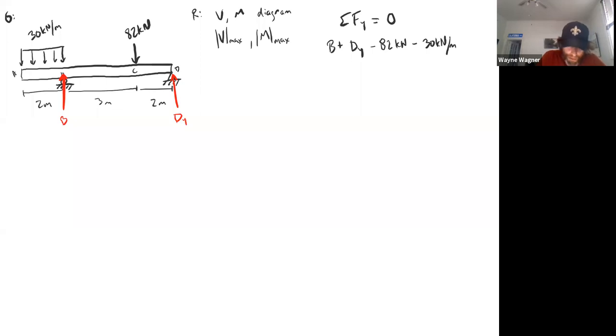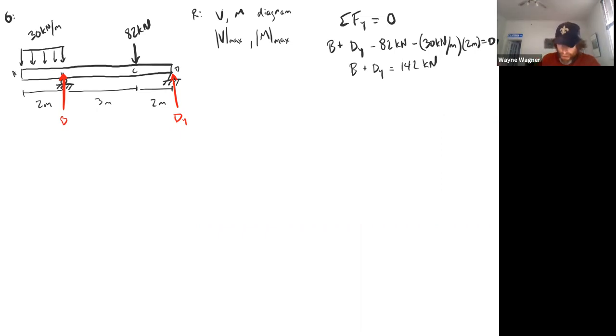But that's kilonewtons per meter, so we need to multiply it times the meters it's acting over, which is 2 meters. So what's that? B plus D in Y equals, if I bring that over to the other side, 142, I think, kilonewtons. We can't solve that equation yet, but there it is.